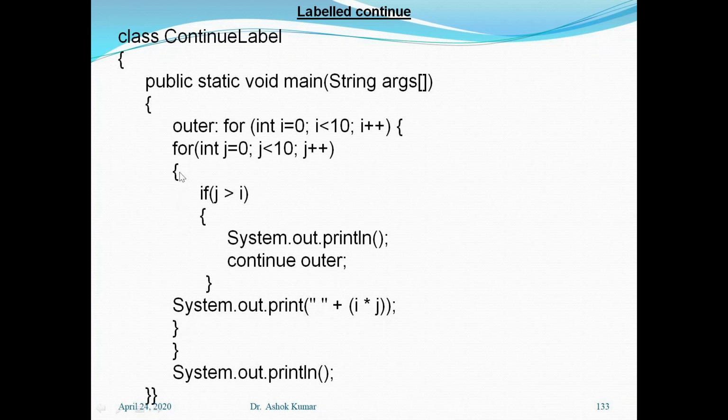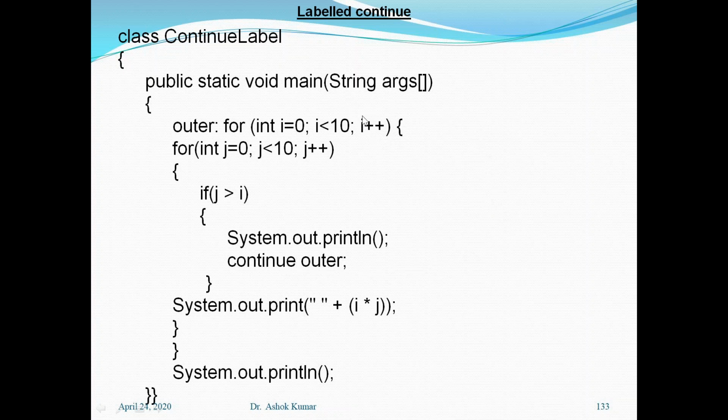After that, this is the end of the inner for loop. So control will come to this expression. The value of j will change to 1. 1 less than 10 is true and 1 greater than 0. So the condition is true, so this will break the line and continue outer will shift the control over here.